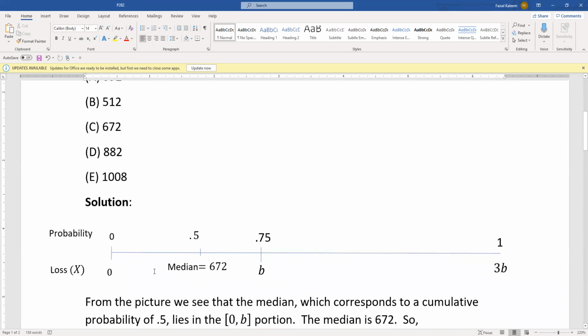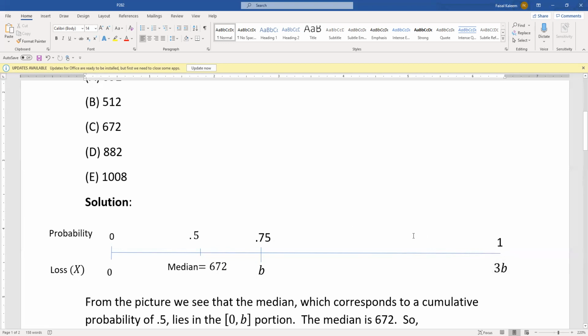So here's a picture. For a minor accident, the loss is 0 to B, and the probability of a minor accident is 0.75. So the probability from 0 to 0.75 covers the loss from 0 to B. The remaining probability, 0.25, is that the loss will be between B and 3B.